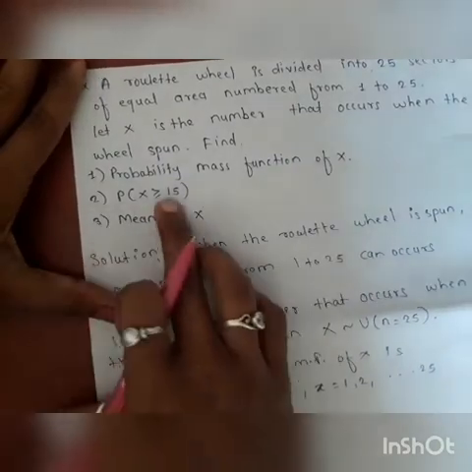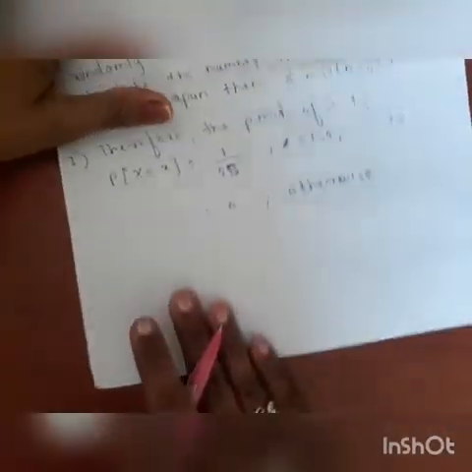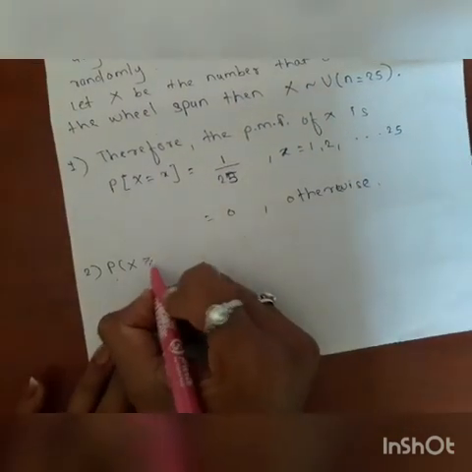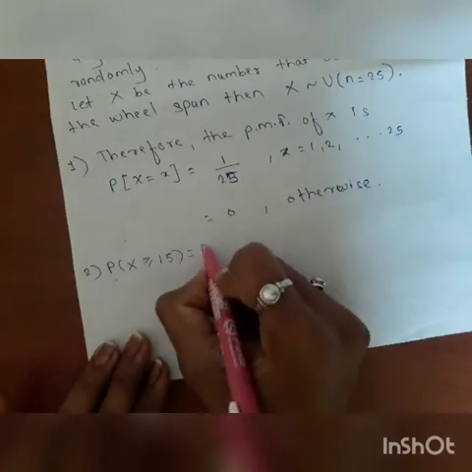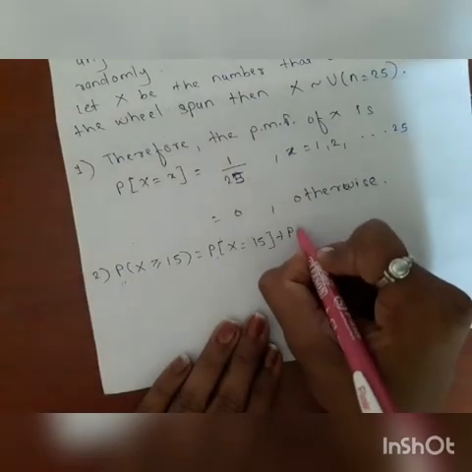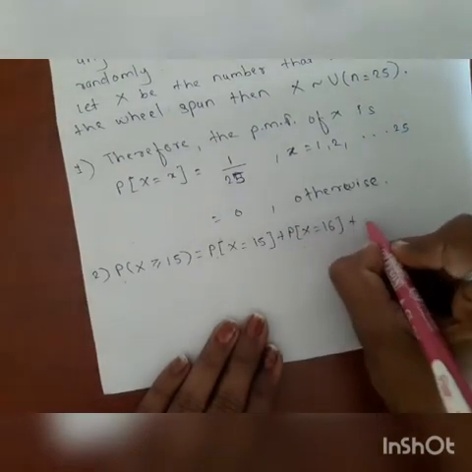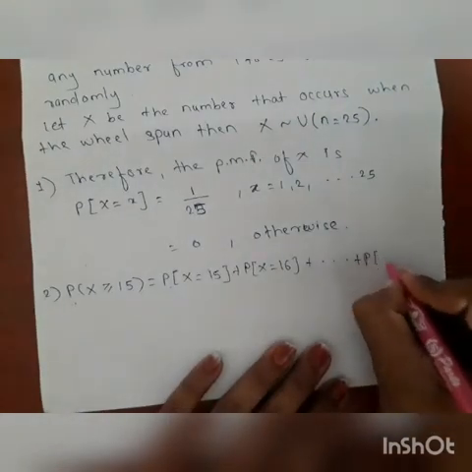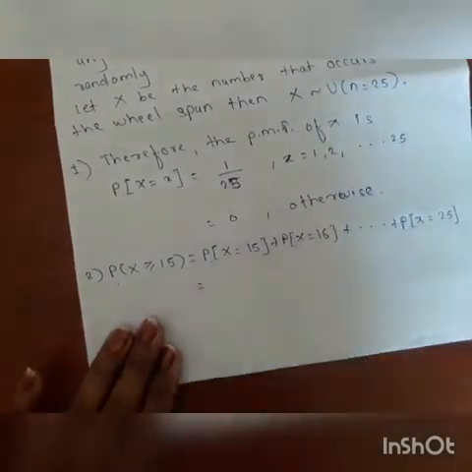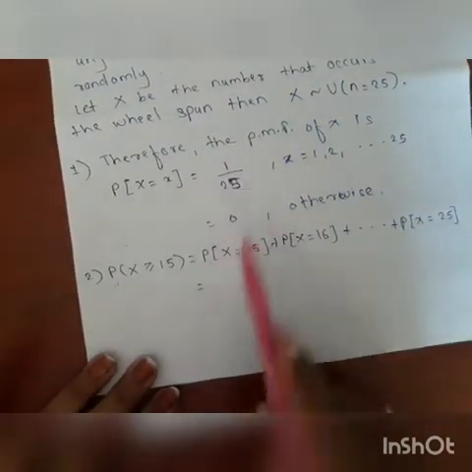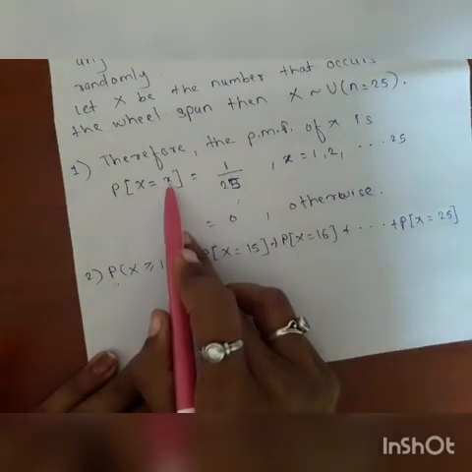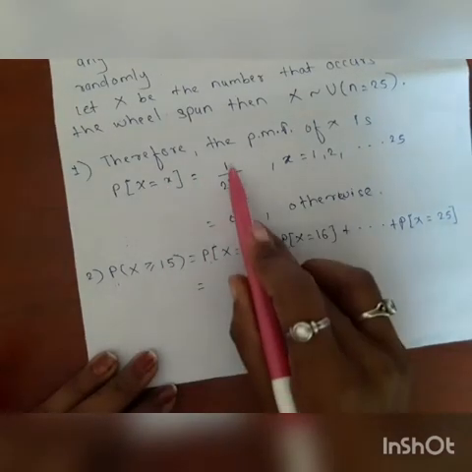Second, P of capital X greater than or equal to 15, which is equal to P of X equal to 15 plus P of X equal to 16 plus, and so on, plus P of X equal to 25. Here putting x equal to 15, P of X equal to 15 is 1 by 25.